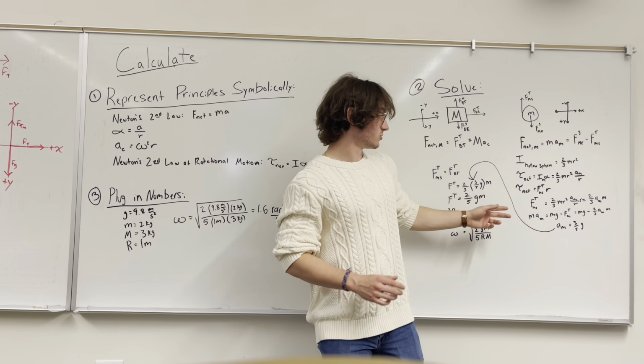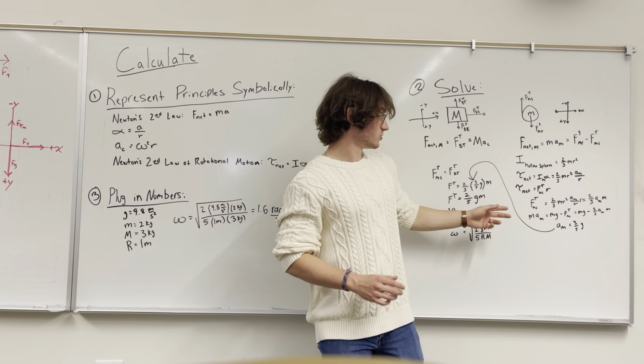Now we can come over here and use our previous relationship of the force of tension is equal to 2/3 am, and plugging in a, we get the force of tension is equal to 2/5 gravity times the mass of the hollow sphere.